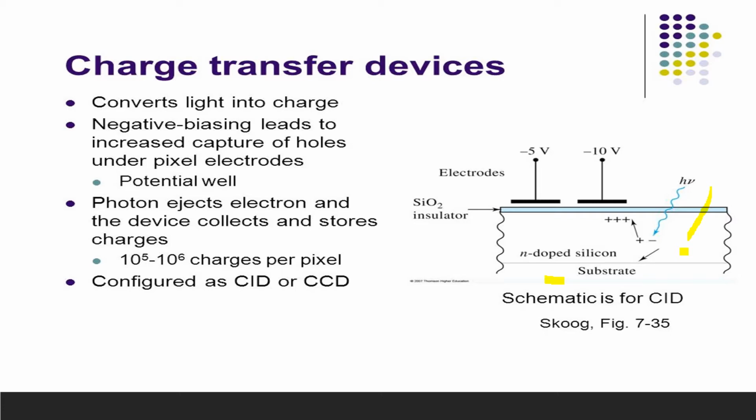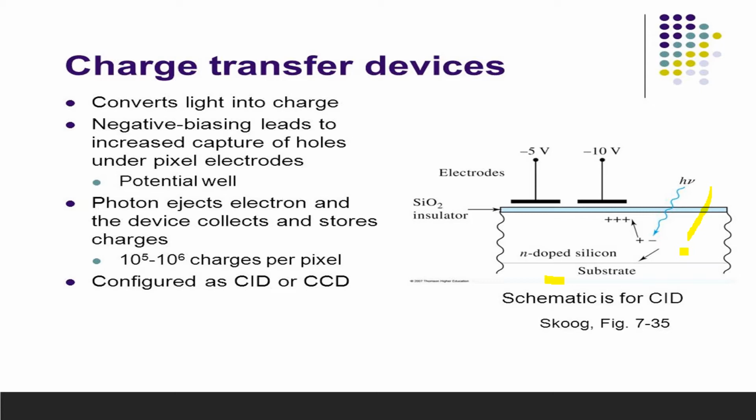Now here we have applied minus 10 volt, here minus 5 volt is applied to the electrode. So negative biasing leads to the increased capture of holes under pixel electrodes, because here is n-doped silicon, so negative biasing will produce the more capture of holes.